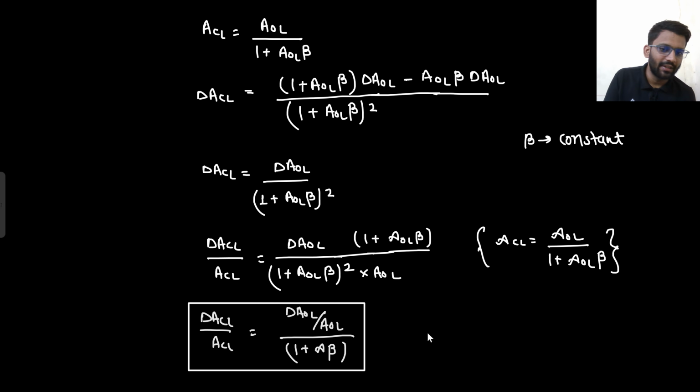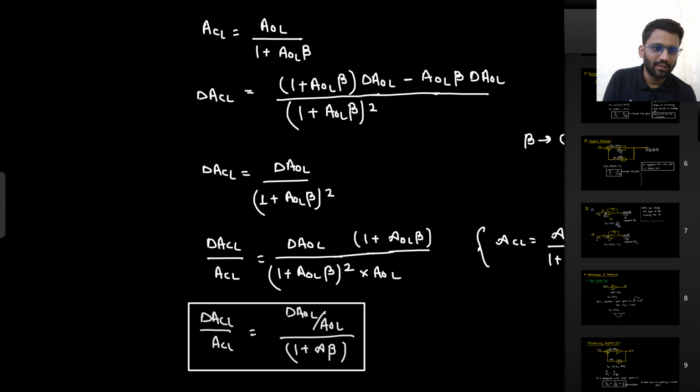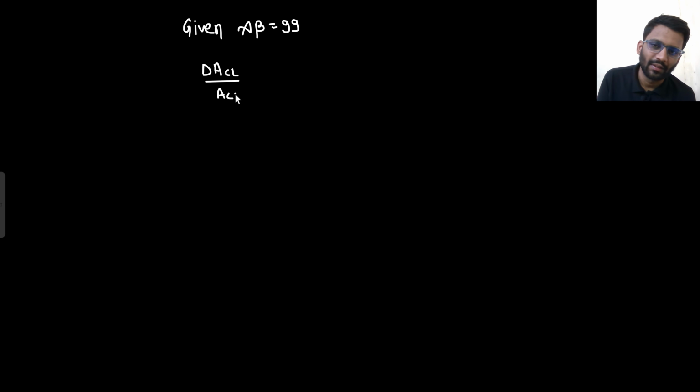So what is the value of A beta? Given A beta equals 99. So what will be the percentage change in closed loop gain?